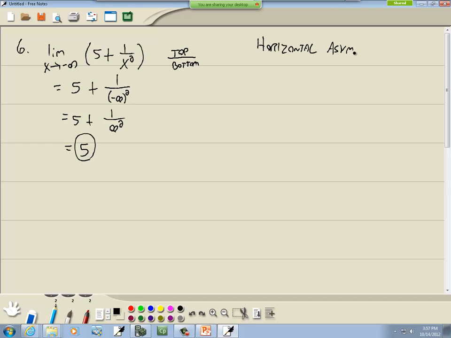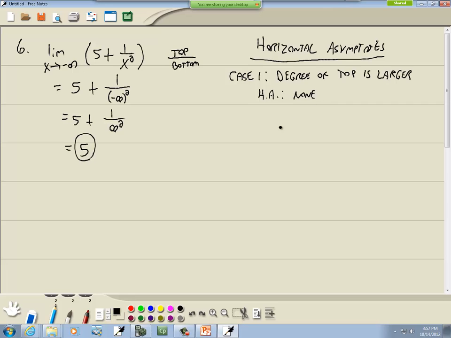And for horizontal asymptotes, I have case 1. The degree of the top is larger. For your horizontal asymptote, there would be none.